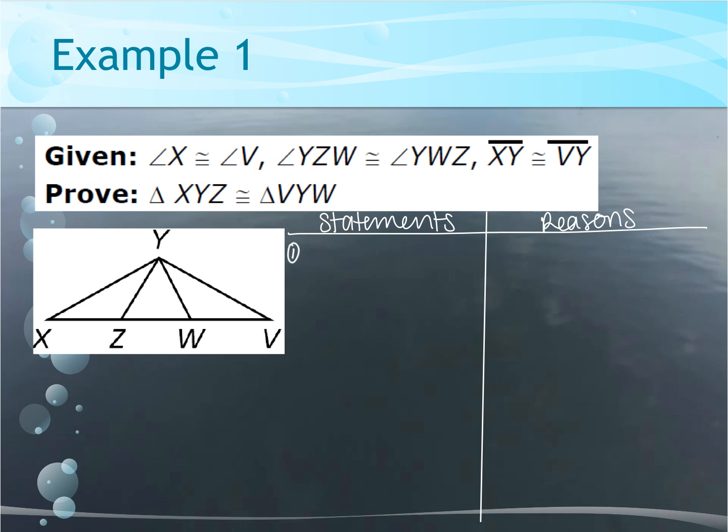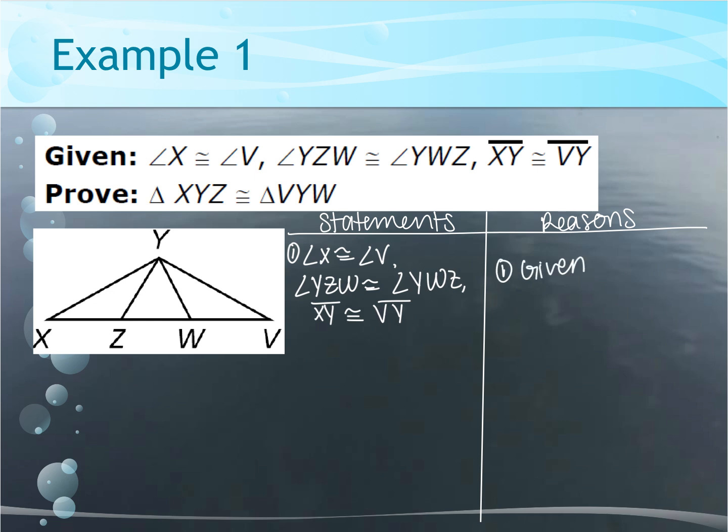Please make sure you're numbering these. Angle X is congruent to angle V. Angle YZW is congruent to angle YWZ, and XY is congruent to VY, and that's given.